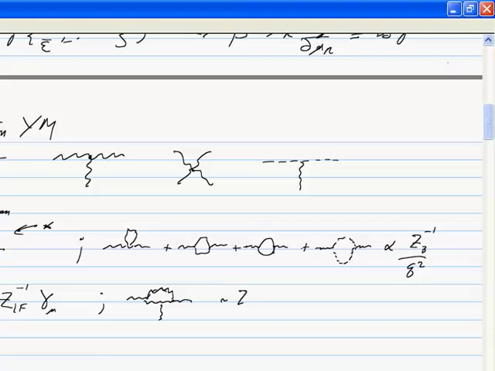That's Z1 gluon minus 1, or gauge boson minus 1, times the basic form of its vertex, which is a long one. And then there's a large bunch of diagrams that look like that, plus a lot of other stuff, which goes into renormalization of the quartic coupling.